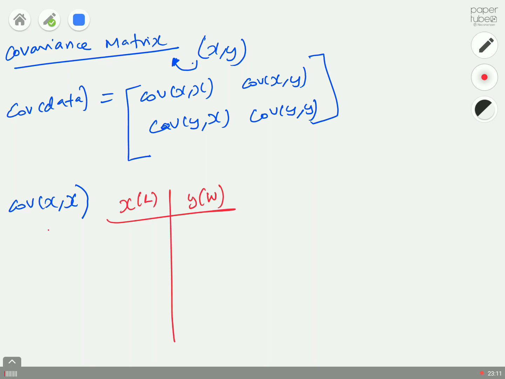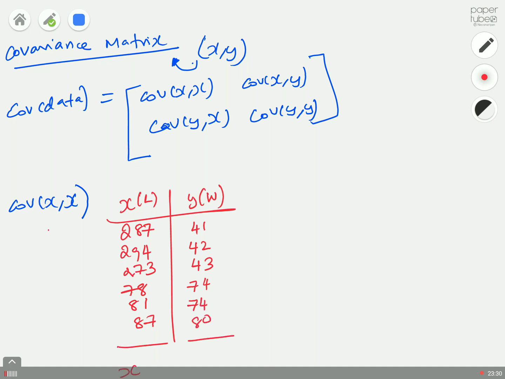So let's write the data here: 294, 273, 78, 81, 87, 41, 42, 43, 74, 74, 80. So let's take the average of x.